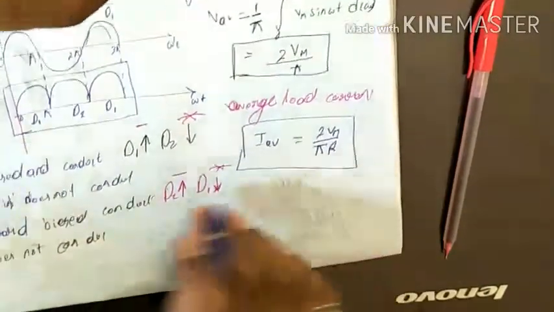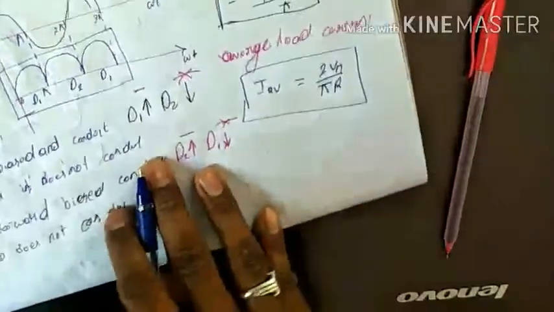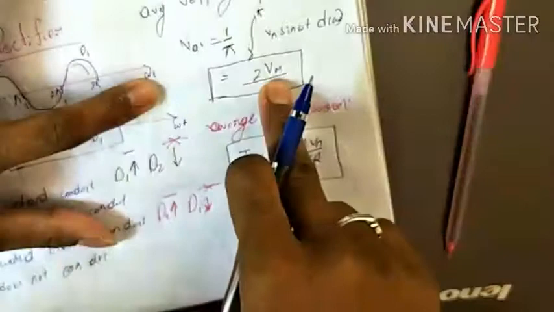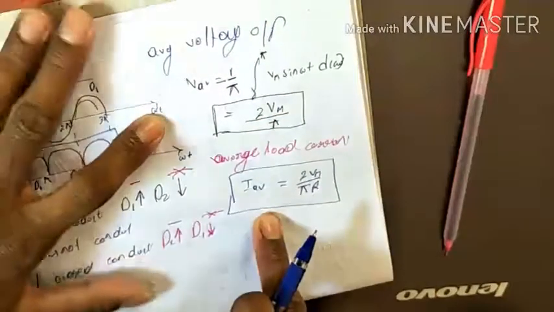What is the difference between the half wave rectifier and the full wave rectifier, in average output voltage and average output current?